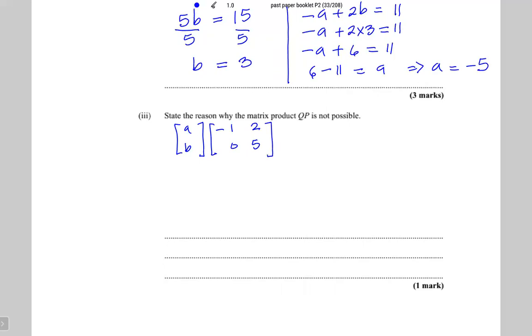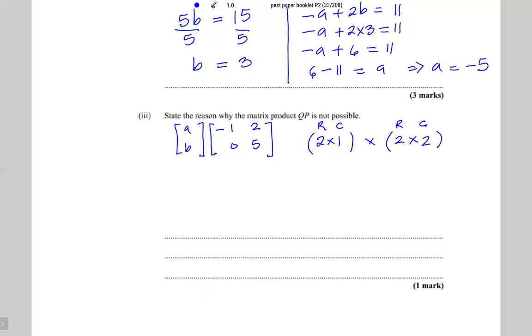So in other words, I'm multiplying a 2 by 1 matrix by a 2 by 2 matrix. The 2 by 1 and the 2 by 2 are the orders of the matrices. And when you have the order of the matrix, the first number represents rows, and the second number represents columns. Row, column.